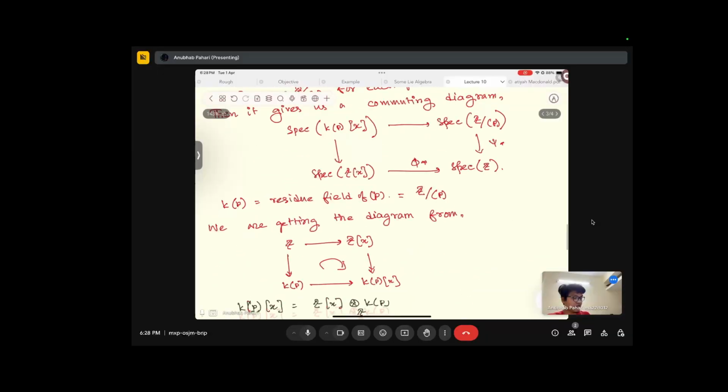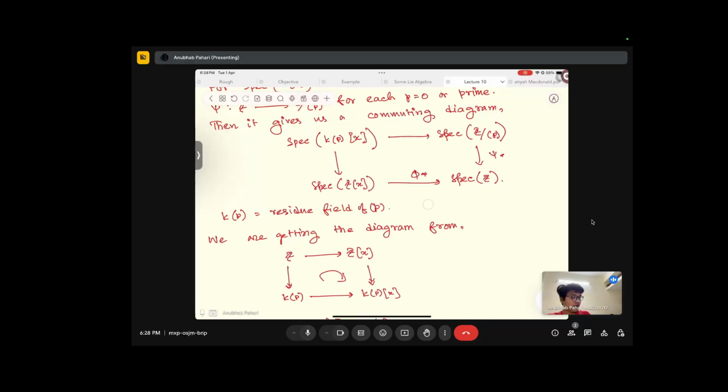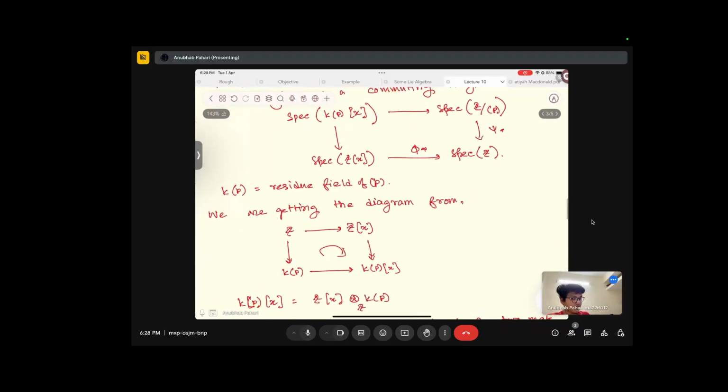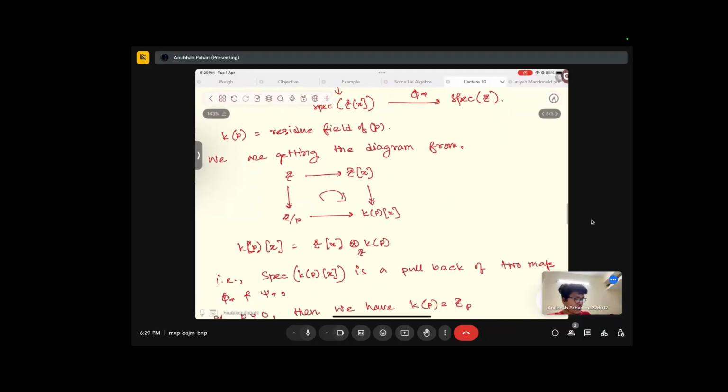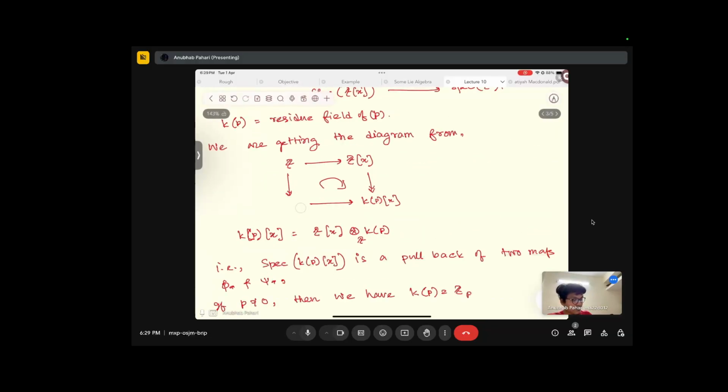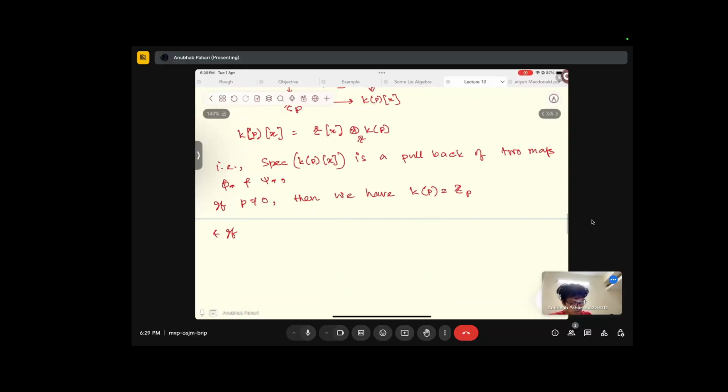And it should not be the Z by P, it should be Z localized at P. But yeah, it should be Z by P. My mistake. Should be Zp. Yeah.